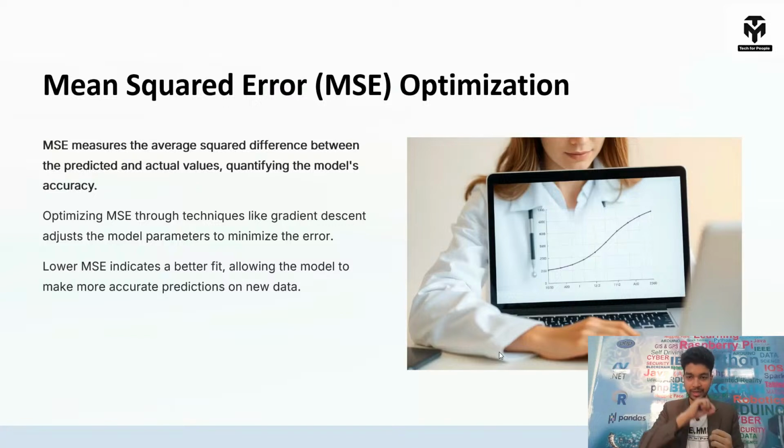The best fit line will go something like this, curvy, making sure that it passes through all the data points. So it performs well on your training data set and badly on the testing data set. This condition is called overfitting. Underfitting is when it performs badly on both the testing and the training data set. So there are two types of conditions you come across when you train a model: overfitting and underfitting.